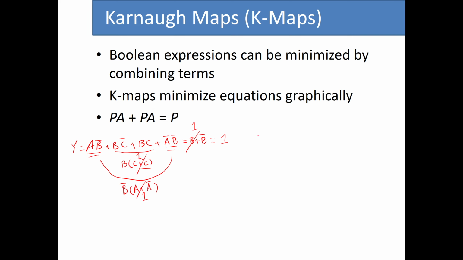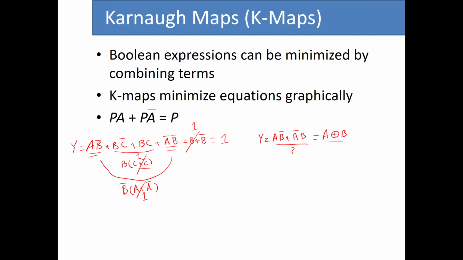So let's say we have y equals AB bar plus A bar B. We cannot simplify this further. We can write it in the form of A XOR B, right? But this still contains 2 terms, even though we used a simpler representation.